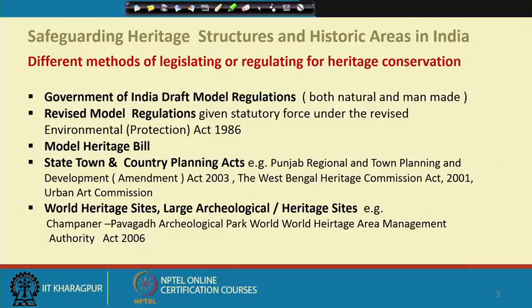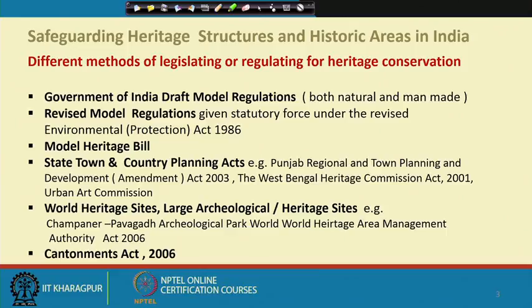Hampi has also set up a regional Hampi Development Authority to take care of that. So, there are various places where the various acts, regulations, and development bodies have been formed. We can look up to that, and then depending on the context, this can give us a guideline on what can be done.